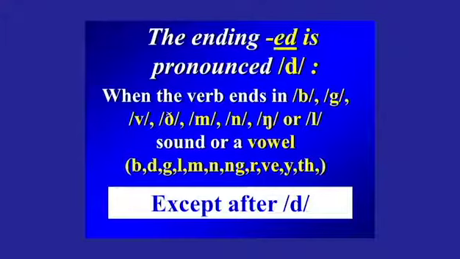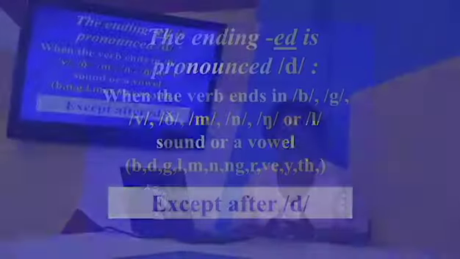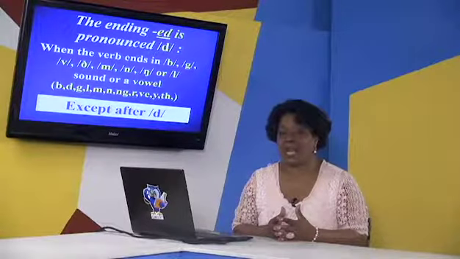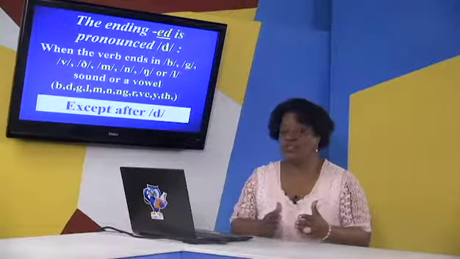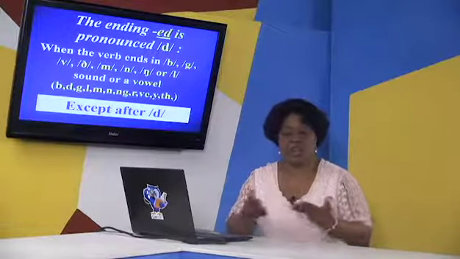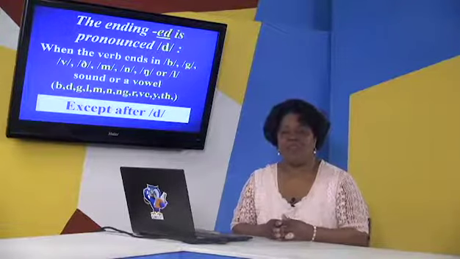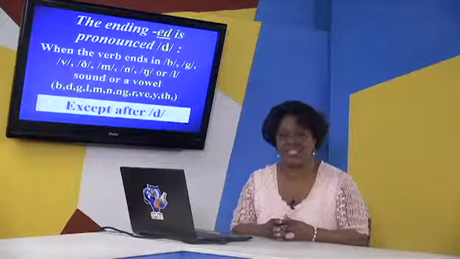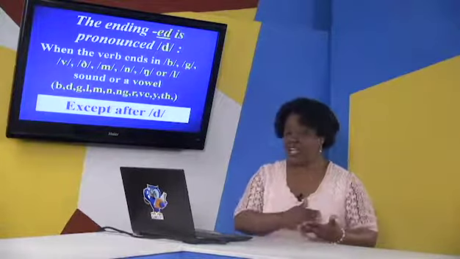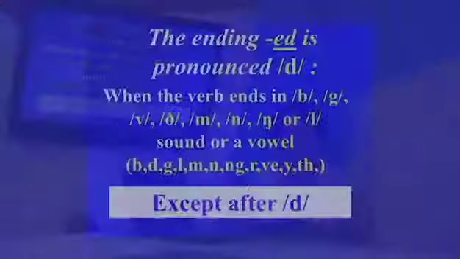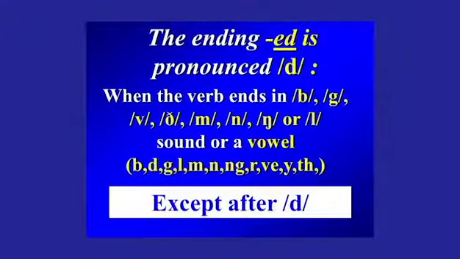Because these are voiced sounds. And you know that D is also a voiced sound. So you need to pronounce it like that, with a D, with the voiced sounds, because the preceding consonants are also voiced. Here in this presentation we have the sounds and the alphabetical letters.